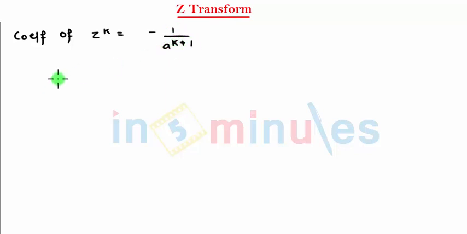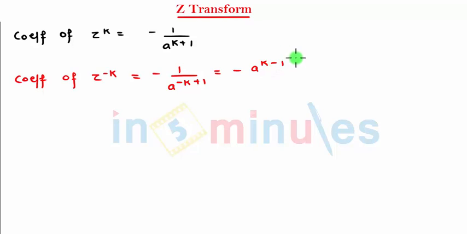We are not at all interested in the coefficient of z raised to k. We are actually interested in the coefficient of z raised to minus k, which I can change to minus 1 upon a raised to minus k plus 1. So only that is the change, which can be written as minus of a raised to k minus 1. This we have got for the first case.